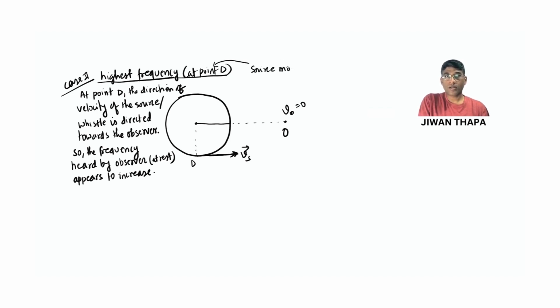Source moving towards observer. So we know observer is at rest. So let me draw in this way. This is source, this is whistle, which is acting like the source.